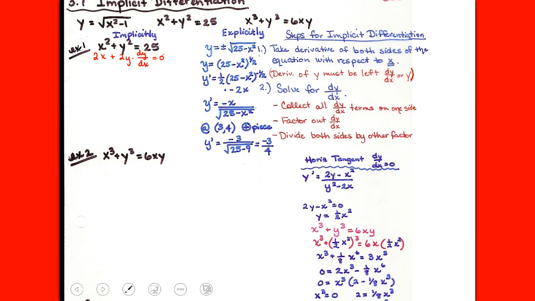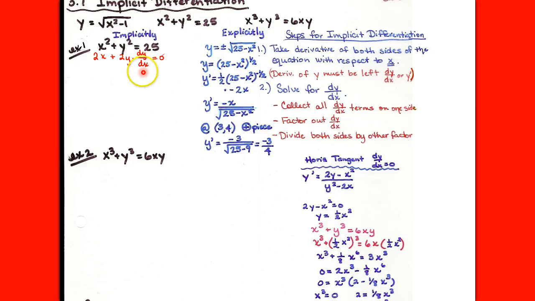So we've done step number 1 where we've taken the derivative of both sides of the equation with respect to x. If we took the derivative of y, we left the dy dx in there. Step number 2, I got to get dy dx on one side by itself. I mean, that's my goal, right? What is the derivative? dy dx is the derivative, so get dy dx on one side by itself so we can say the derivative equals this, right?